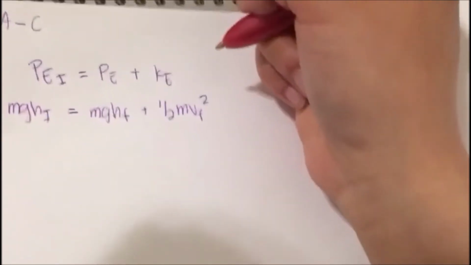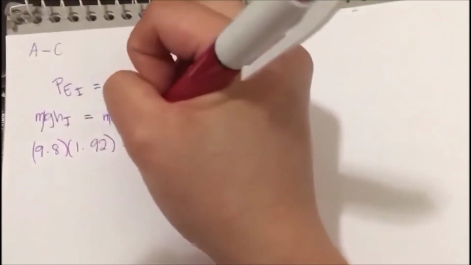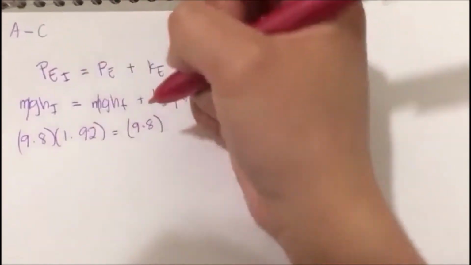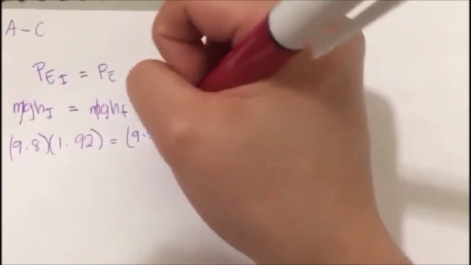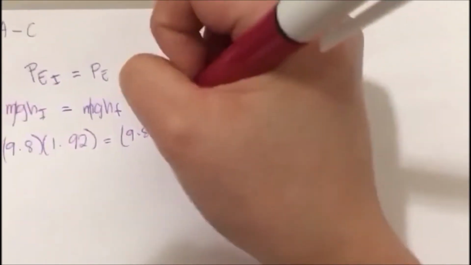And just like before, we can cancel m. So g is 9.8. H initial is still 1.92. Now H final is 0.04.